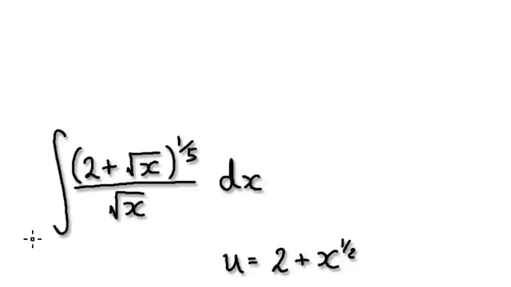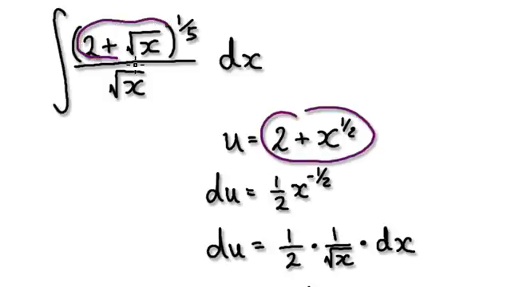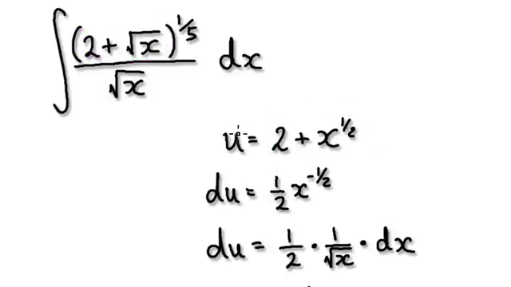Okay, so to integrate this, make u as this. Make this u here. If u equals this, then du equals this. Well, tidy this up. That will then give you this.